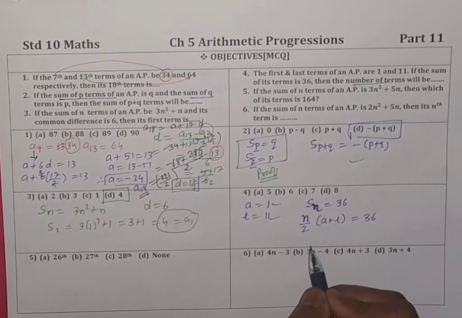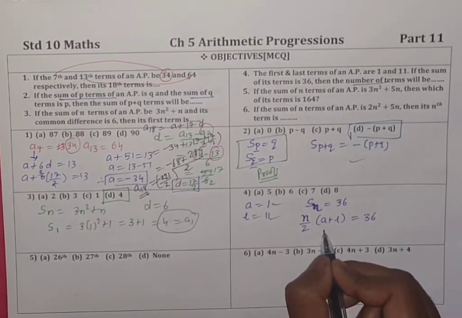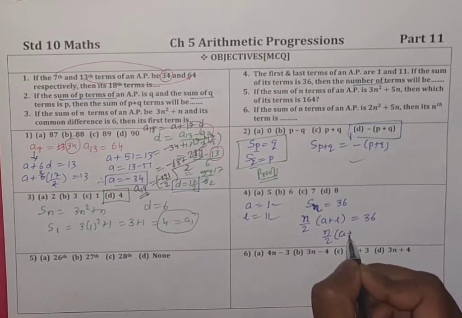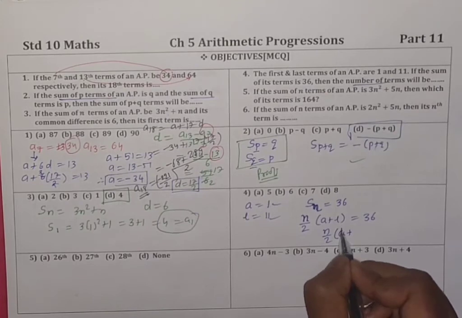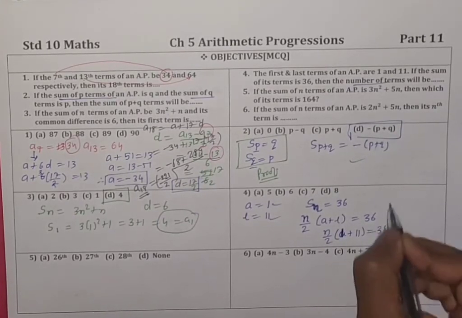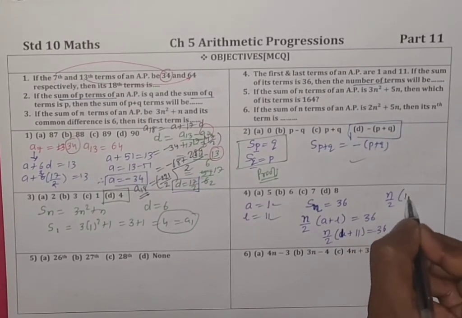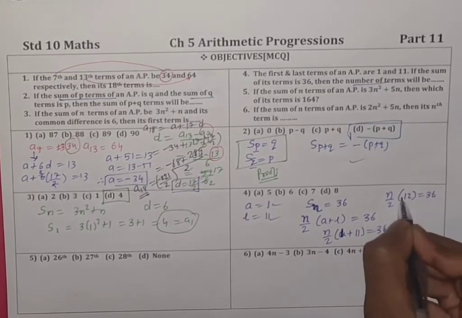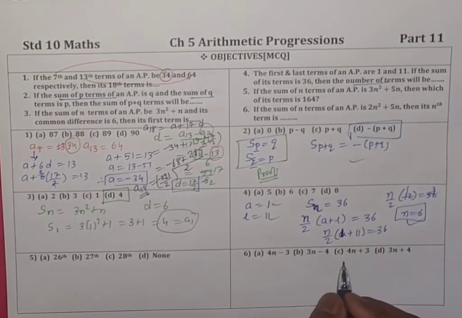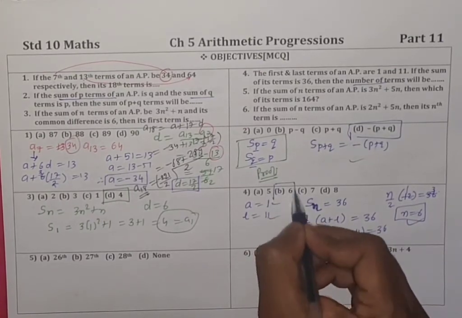You know the first term and the last term, so put that. What is a? That is 1 plus l, that is 11, is equal to 36. So n/2 into 12 is equal to 36. 12 ones are 12, 12 threes are 36, so the 2 will multiply there, so n is 6. So the total of 6 terms is 36. So the answer is B, 6.